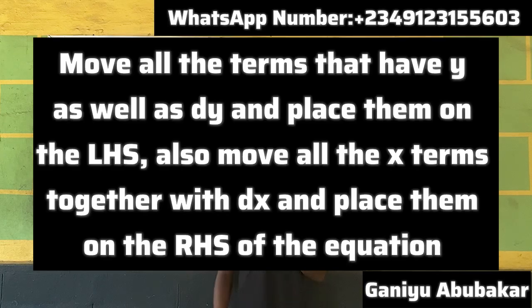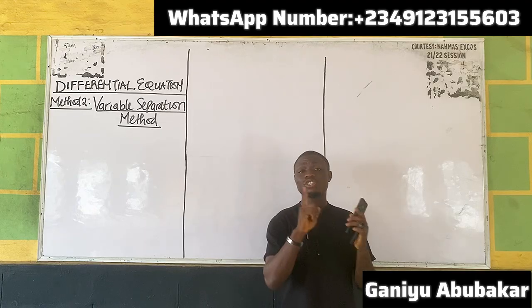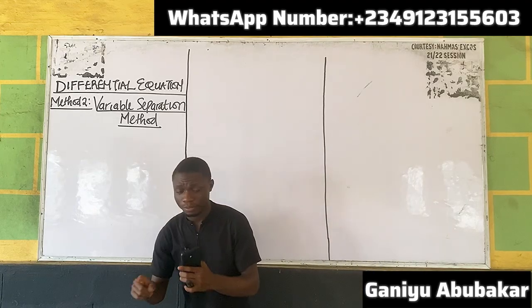Please note: move all the terms that have y, as well as the dy, and place them on the left hand side. Also, move all the x terms together with the dx and place them on the right hand side of the equation. What I just gave you is a bulletin.